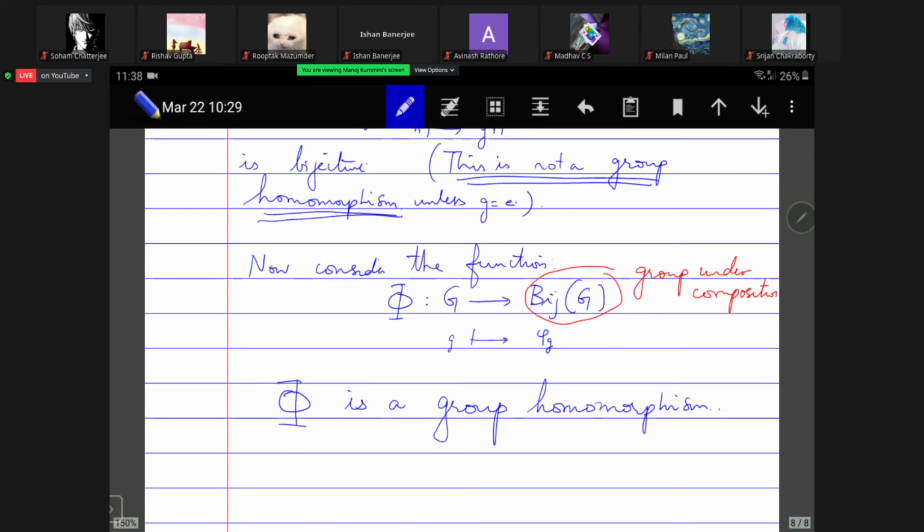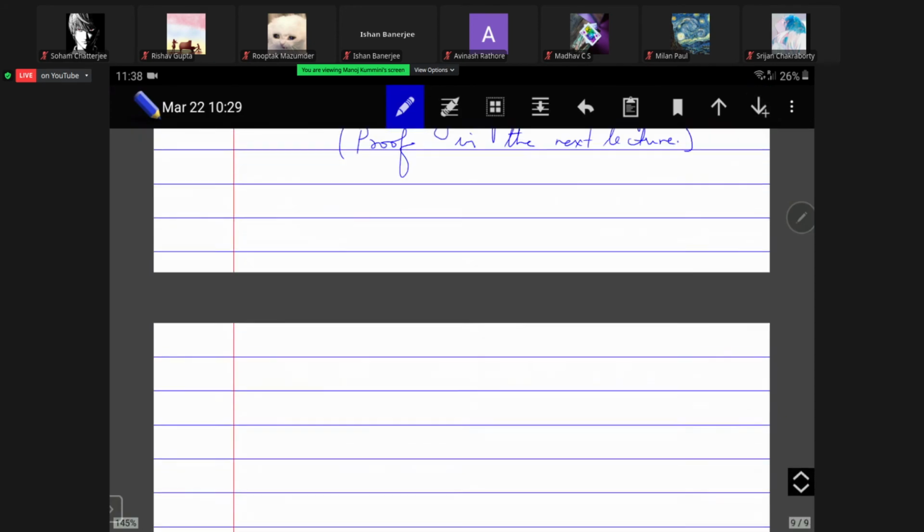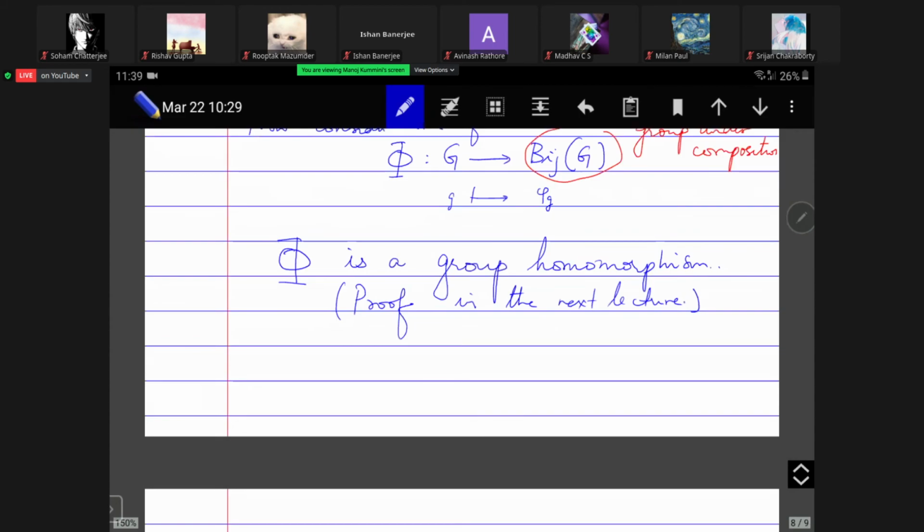This requires not a complicated check, but it can be confusing, so I will do it in the next lecture. Just because I'm running out of time. But we also observe, if you had a finite set, what is the set of bijective functions?